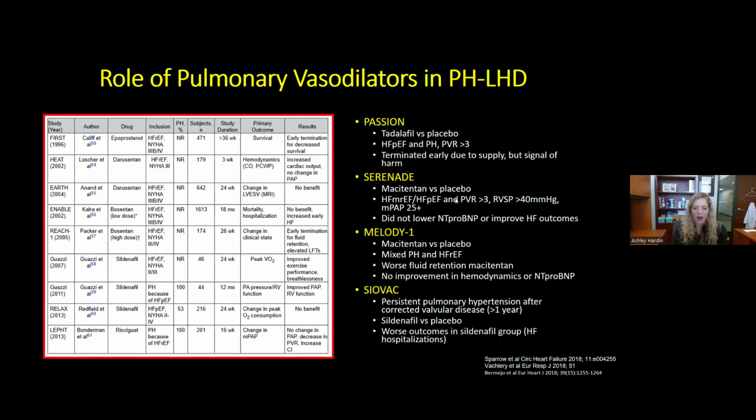And then the SIOVAC trial looked at patients who had valvular heart disease associated mixed PH. They had their valve fixed at least a year before, and they had persistent PH despite fixing the valve. They were put on sildenafil versus placebo, and they had worse outcomes in those who received sildenafil, with worsening heart failure hospitalizations. So really, we actually don't have pulmonary vasodilator therapy that's indicated in this patient population, unfortunately.